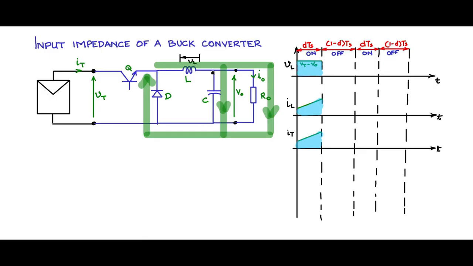This node is at V0 potential, so 0 minus V0 will become minus V0. So you will have a negative voltage across the inductor, minus V0. This again is expected because we want the positive voltage and the negative voltage to balance within the cycle such that the average voltage across the inductor should be 0 in the steady state.